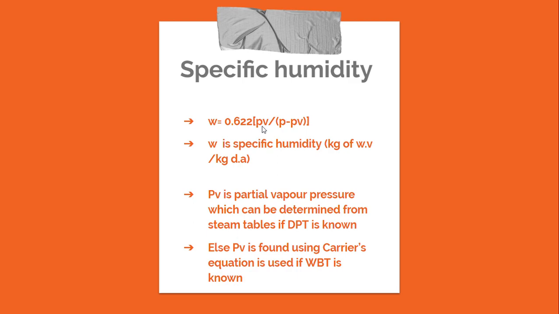This is left as an exercise. You can try this derivation at home, where you derive from first principles the relationship between omega and partial pressure of water vapor. If you know the partial pressure of water vapor, by using this expression you can calculate the specific humidity. Now the central point is, how do you get this partial pressure of water vapor?